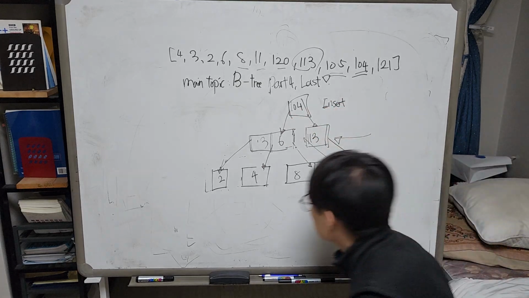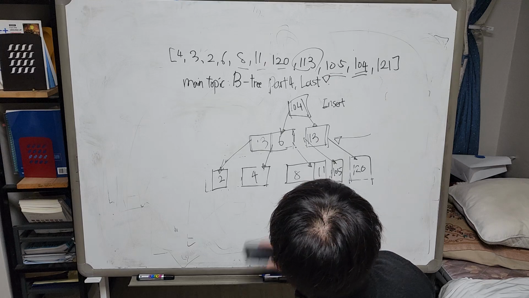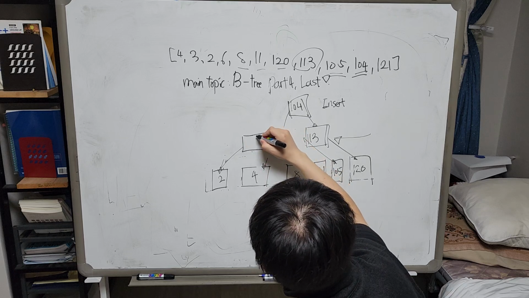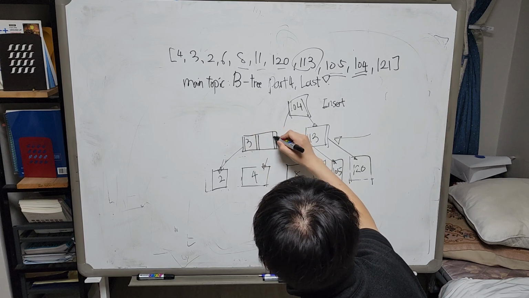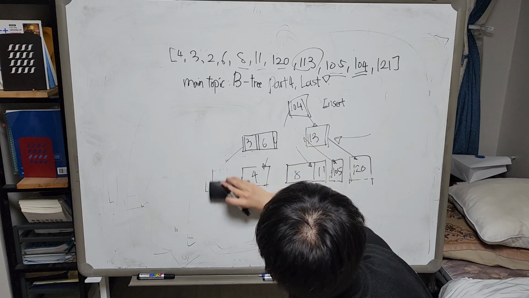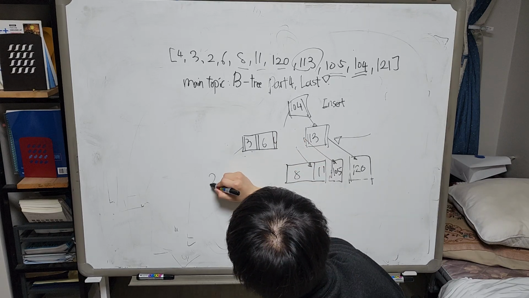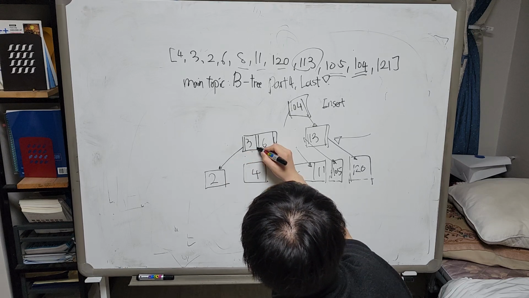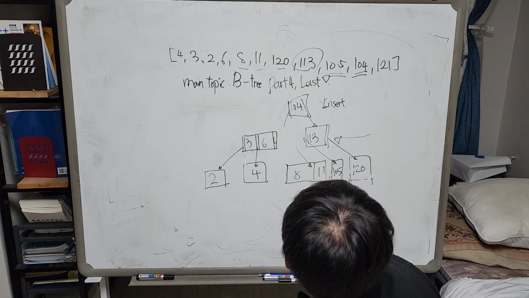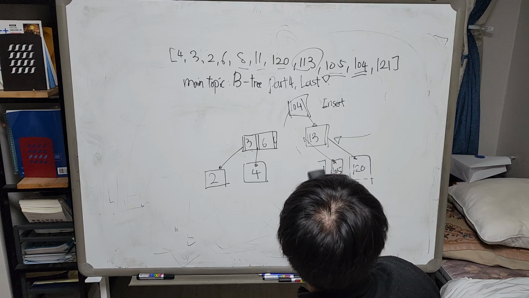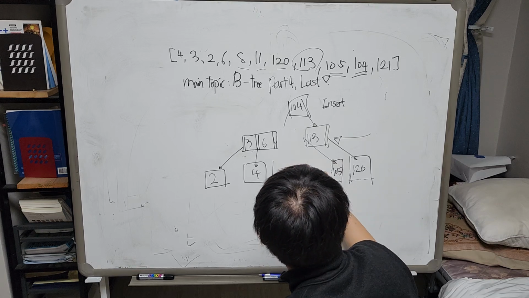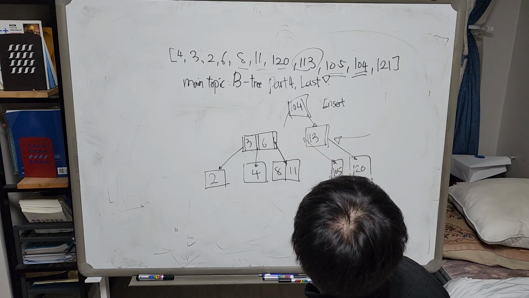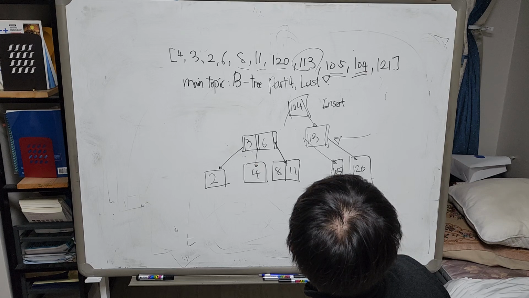Actually this drawing is so ugly, so let me try to redraw this. 3, 6, 2, 4, and we have to put 8, 11 here, and 113. Yes, 113.